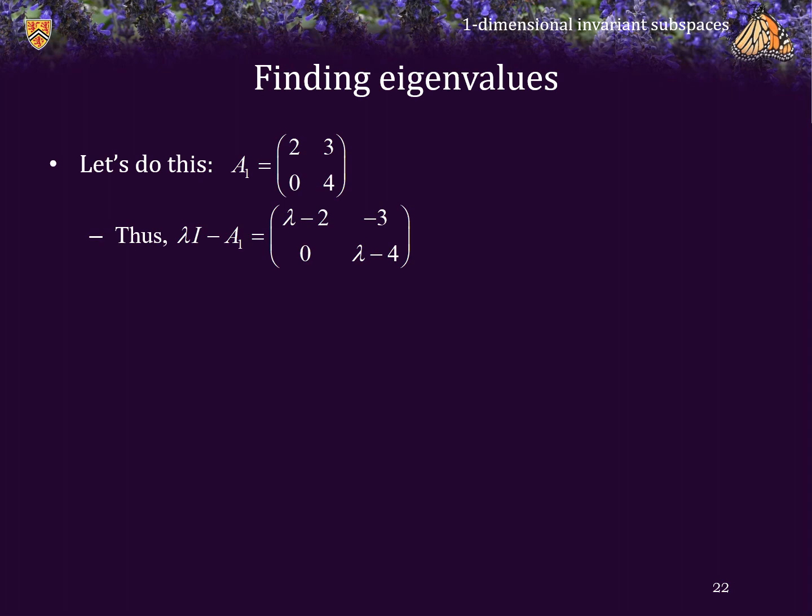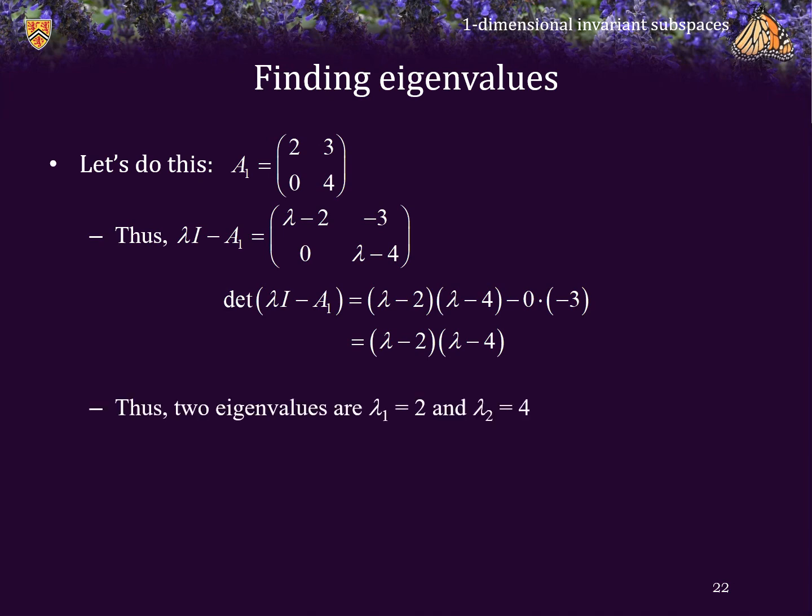And therefore, the determinant of this matrix is the product of the diagonals minus the product of the off diagonals. Well, the off diagonals is 0, so we are simply left with lambda minus 2 times lambda minus 4. Well, the roots of this particular polynomial are lambda equals 2 and lambda equals 4. So these are our two eigenvalues.